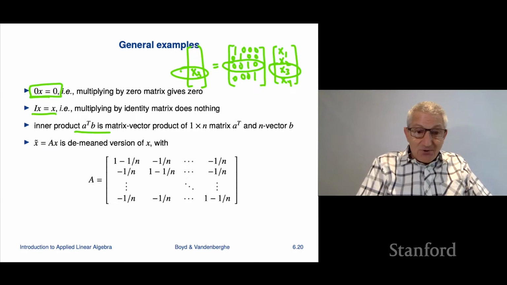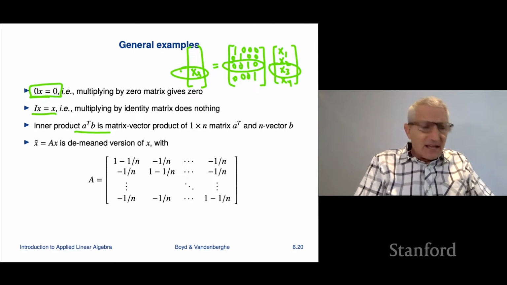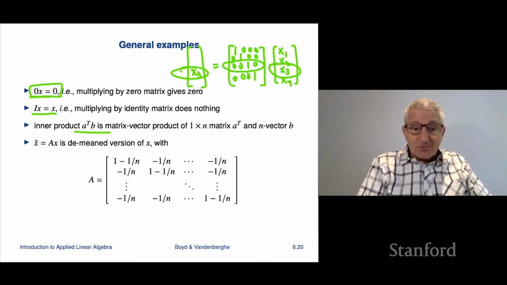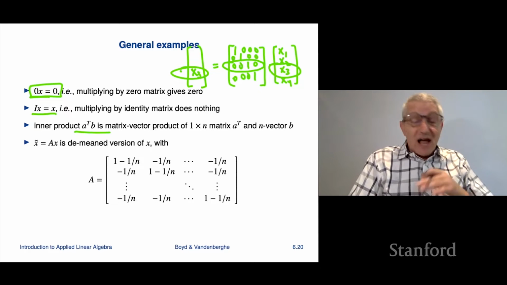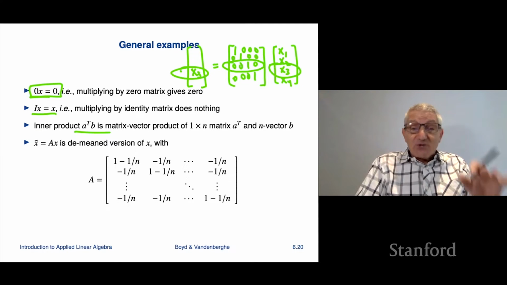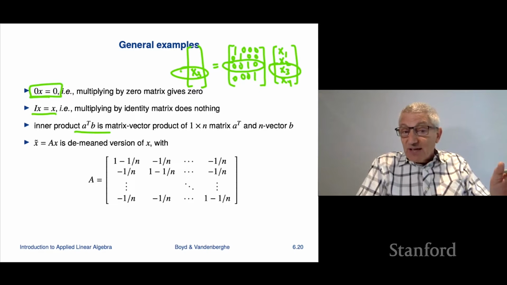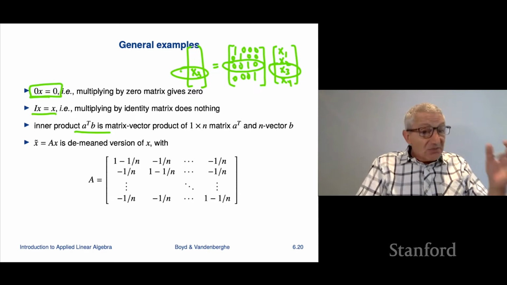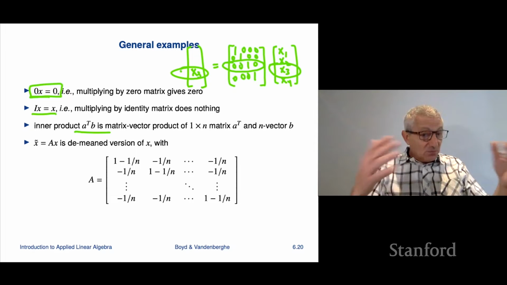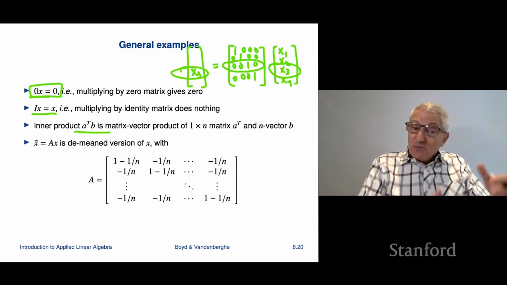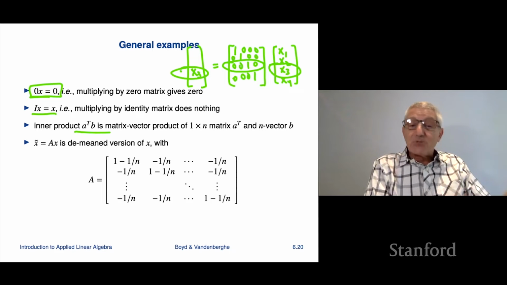Henceforth, I'm fully allowed to refer to A transpose B either as the inner product of A and B, the 2 vectors, or literally A transpose B, which means transpose A, which makes it a row vector, and multiply it, matrix vector multiplication, by B.